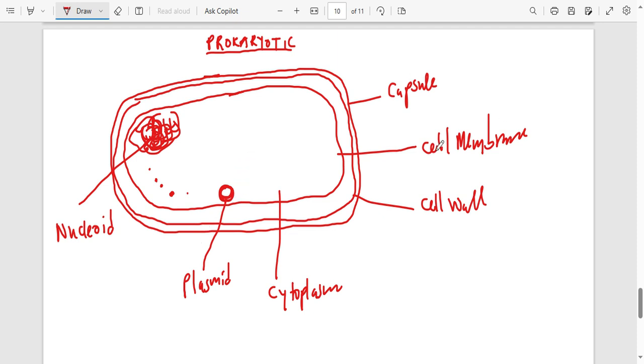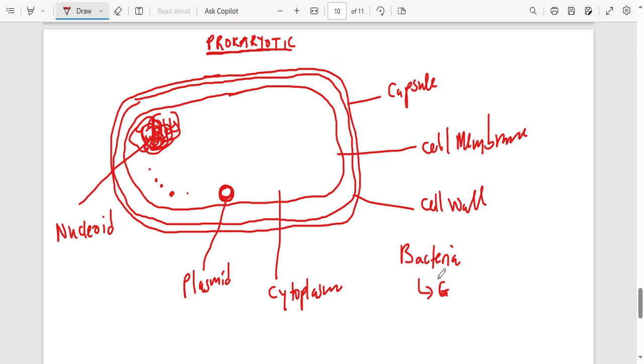An example of a prokaryotic cell you can give is bacteria. There are different forms of bacteria. You have the gram positive, the gram negative. This is just describing how they stain.